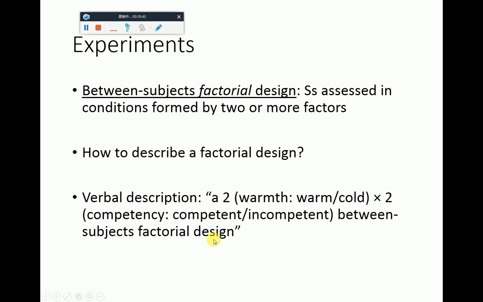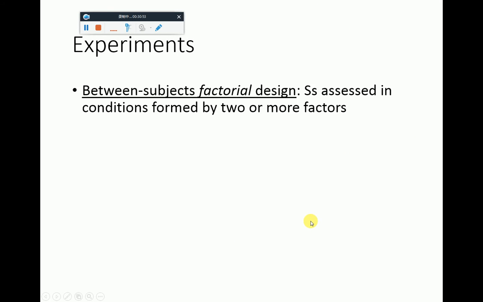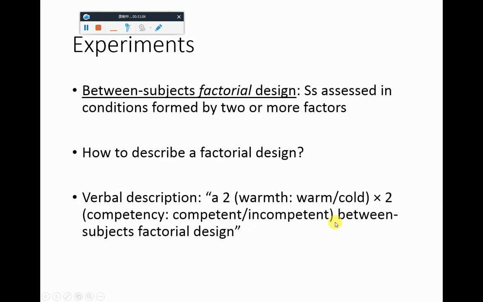Because, as we said just now, we have two conditions for the first variable and two conditions for the second variable. And these two conditions and these two conditions together form a four-condition design. Okay? So that's why it's a 2 by 2, expressed as 2 times 2. And we know that 2 times 2 equals 4, right?